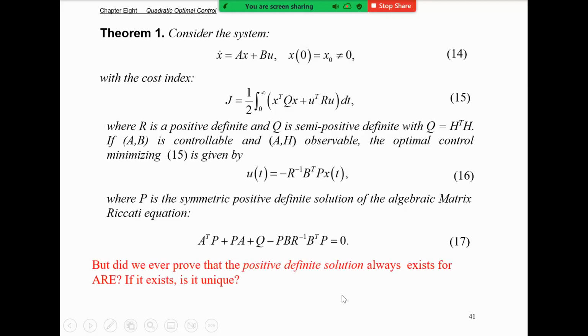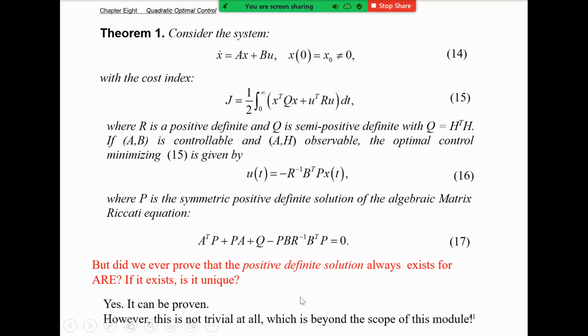But of course, there is one step we didn't show, right? We didn't prove that there is a solution to this one. We didn't prove there is actually only one solution.